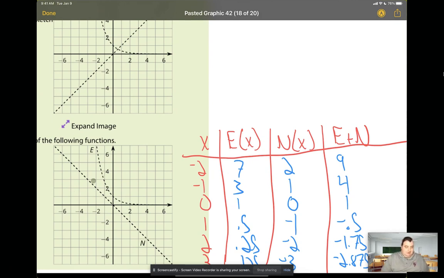So at -2, I'm going to be at 9, which is going to be off the graph up here somewhere. Okay. At -1, I'm going to be at 4. So -1, 4 is right here. Okay. At 0, I'm at 1. Okay. At 1, I'm at -0.5. So -0.5 will be right there.